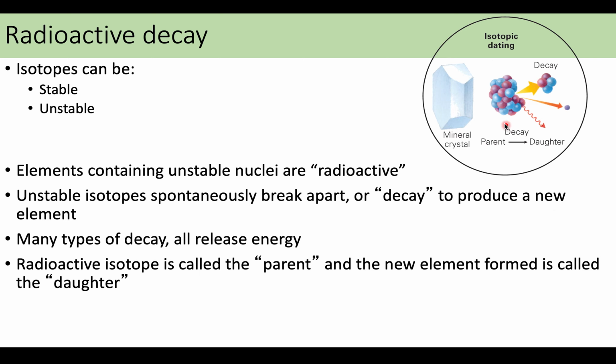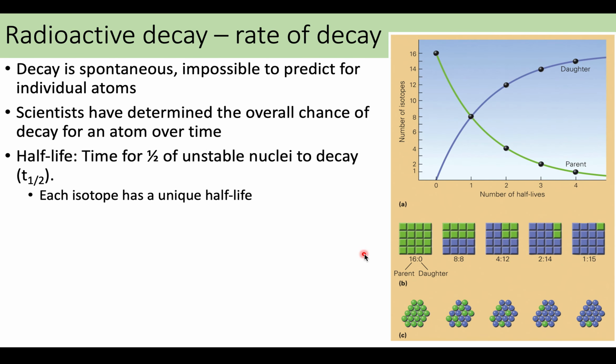So here you can see the decay makes this unstable isotope move from parent to daughter material. There are lots of different types of decay, and we're not going to get into the details, but all of the decay releases energy. One important thing to remember is that the original unstable isotope is called the parent, and what it creates through decay is called the daughter, or the daughter material.